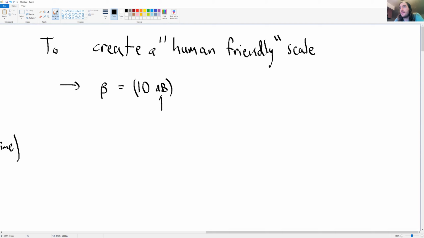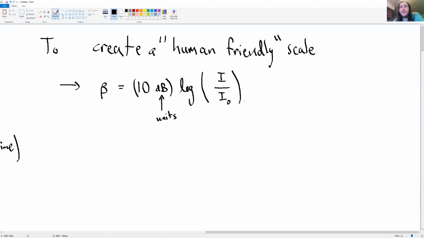These are units, right? Times the log of the intensity of the sound that you're hearing divided by a constant, and that constant is the threshold of hearing. Okay?